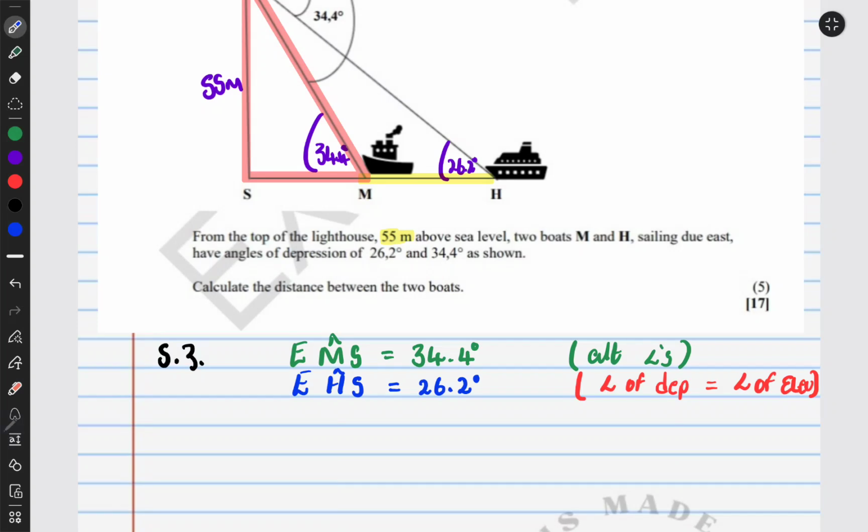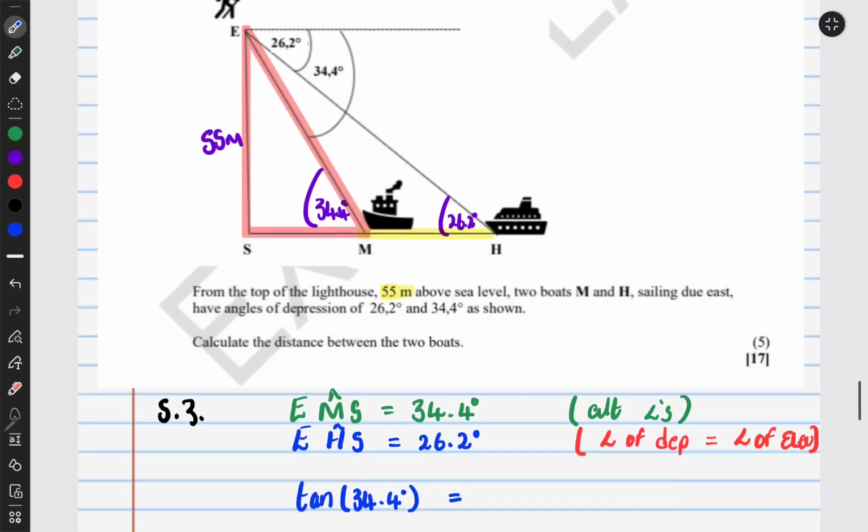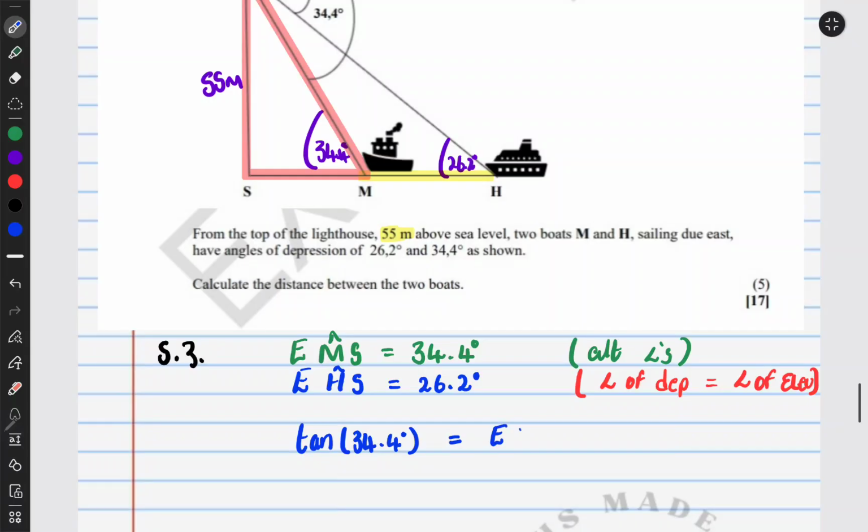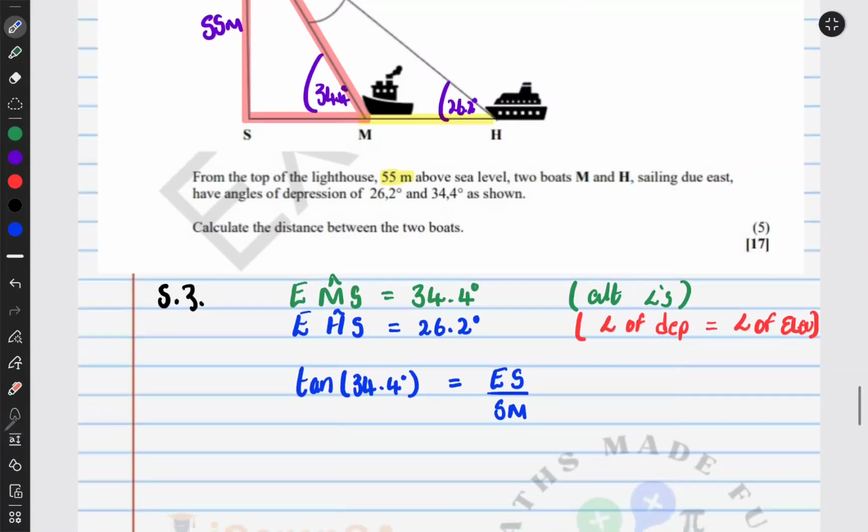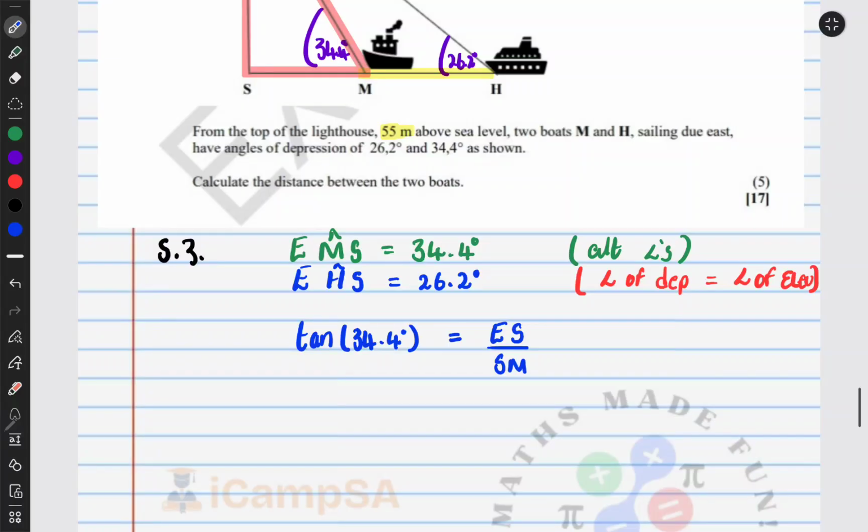So we say tan 34.4 degrees is equal to opposite over adjacent, which is side ES over the adjacent, which is SM. Let's make SM the subject, which is what we are looking for.